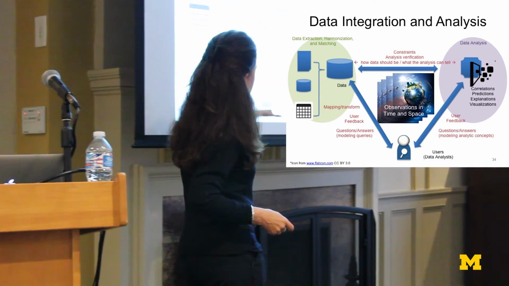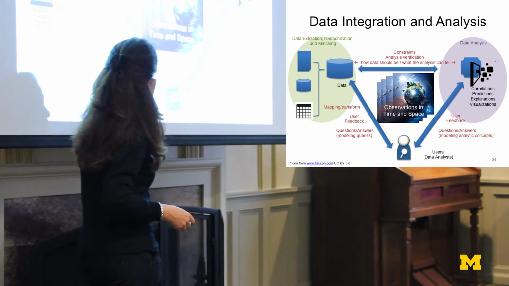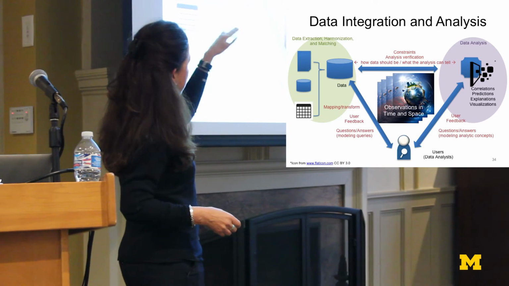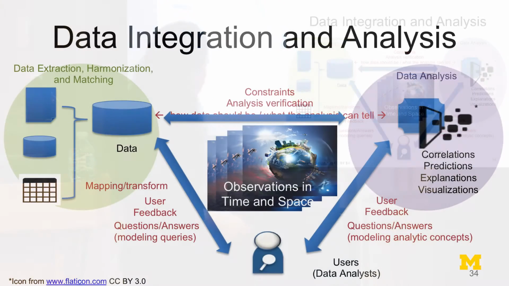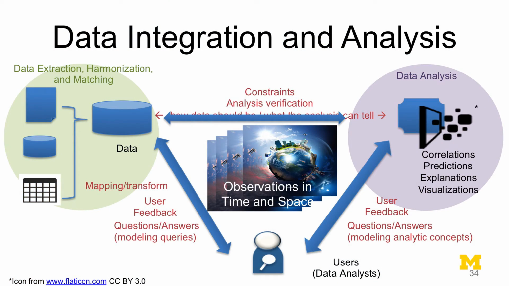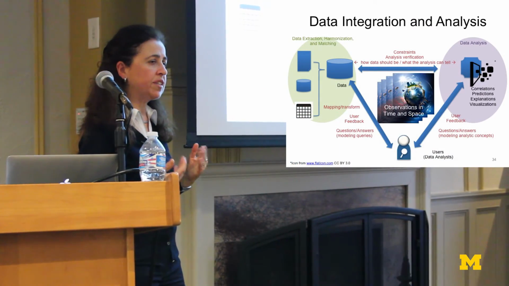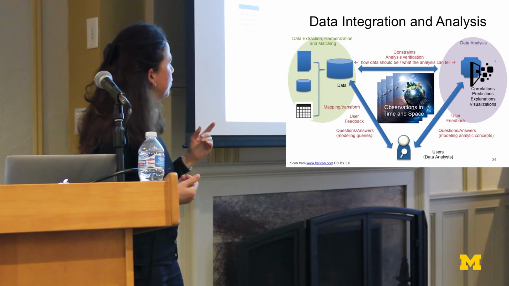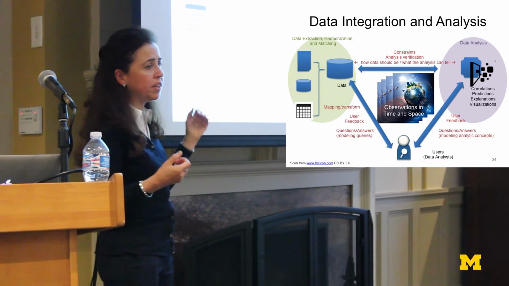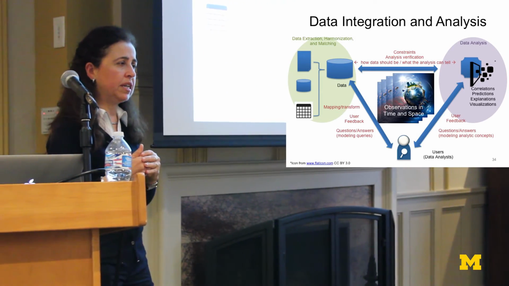So we have all of these arrows here, but for example, one is that there are constraints. The data analysis is going to dictate how you perform the integration, actually, okay? Also the kind of data sets are going to dictate how you do this. For example, you cannot interpolate crime data, okay?